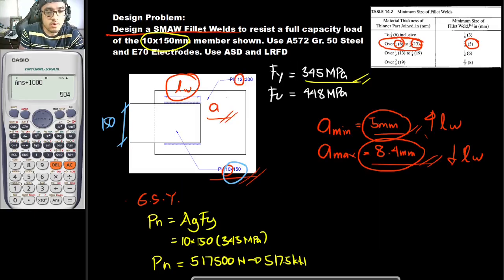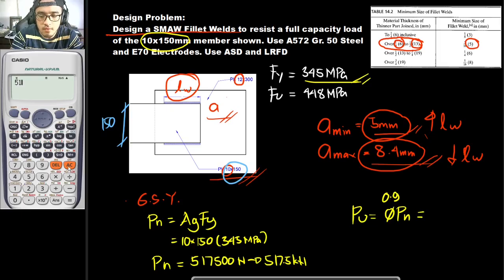I forgot to solve for our PU and PA here respectively. So for our PU, that is to be phi PN, and our phi is equal to 0.9. So 517.5 times 0.9 is 465.75.